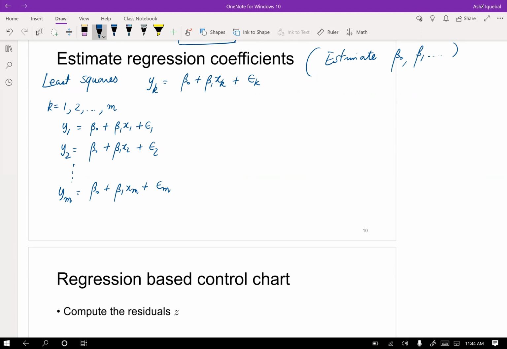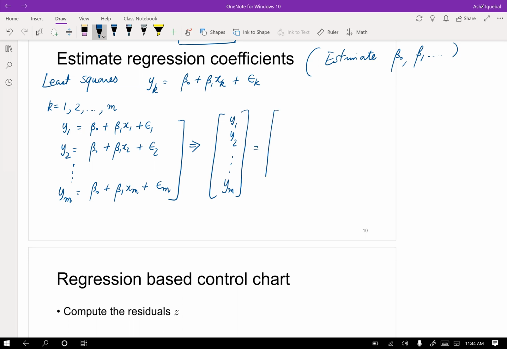Now, one way to solve linear equations is to use least squares. What we do in least squares is, let's first write this down in matrix notation. I can write this down as y1, y2 up to ym. This is my left-hand side.